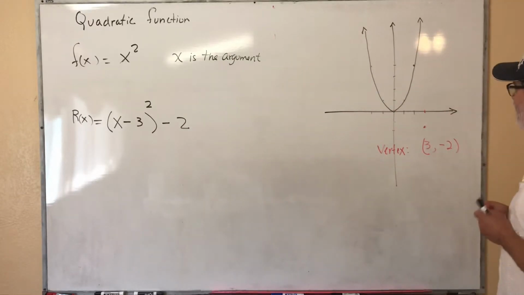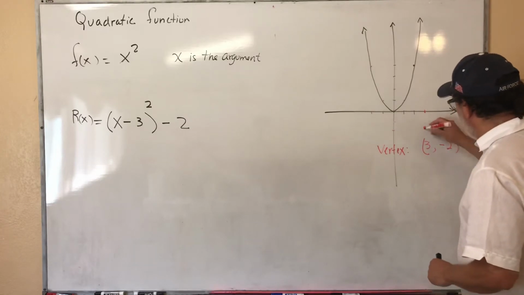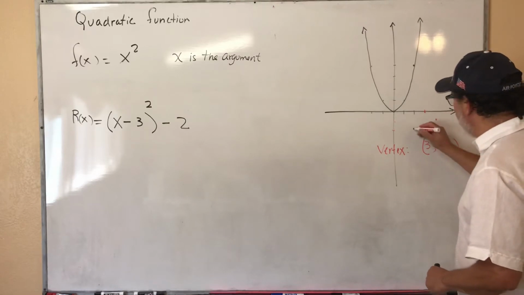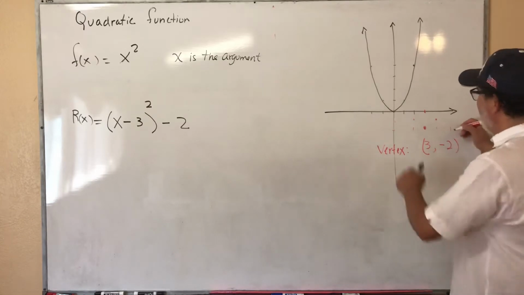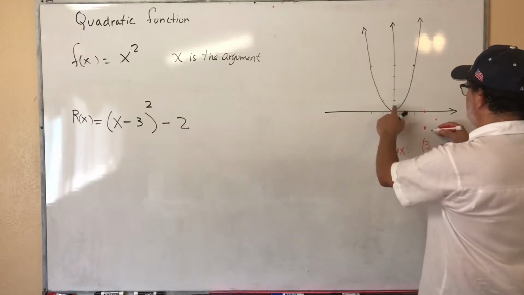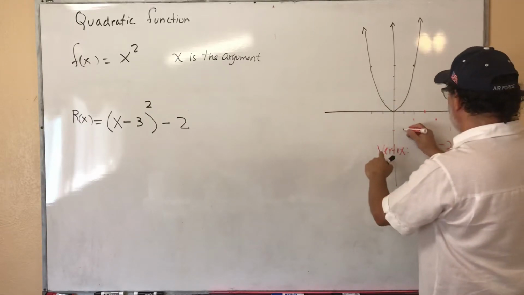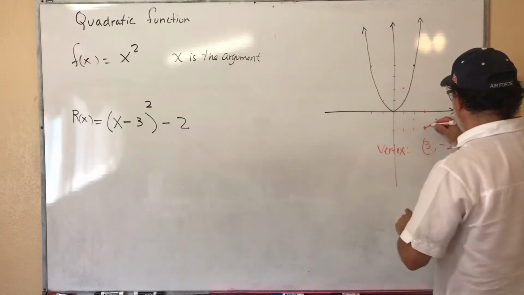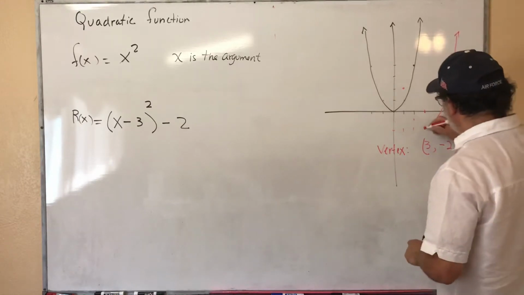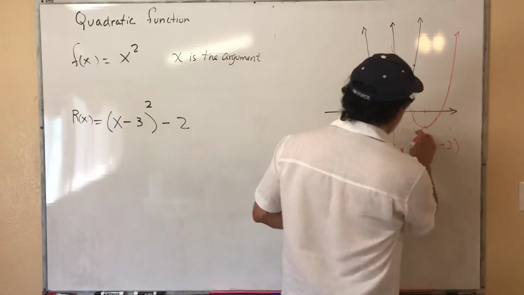And so now from the vertex, 1 right, 1 up. 1 left, 1 up. Twice right, 4 up. 1, 2, 3, 4 up. Twice left, 4 up. And so now we're getting this. Oh, I always mess up.